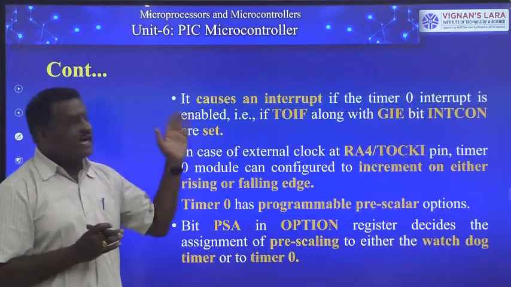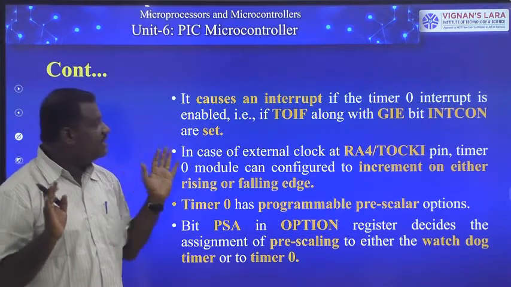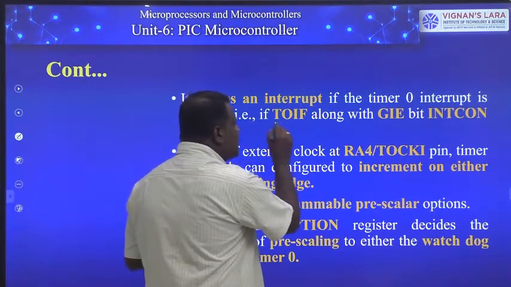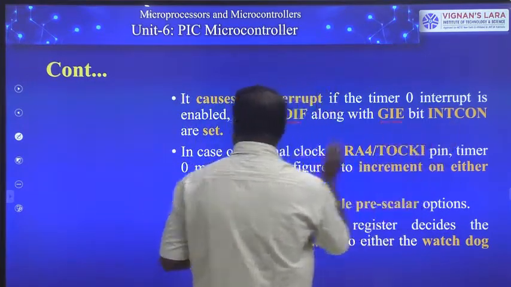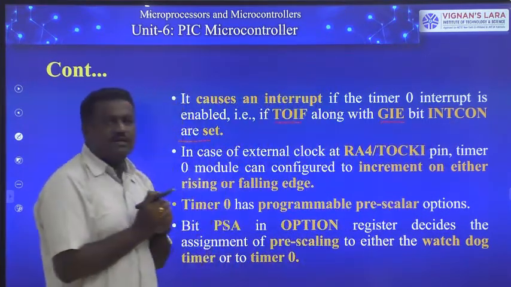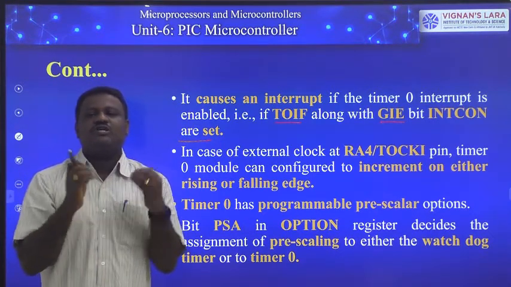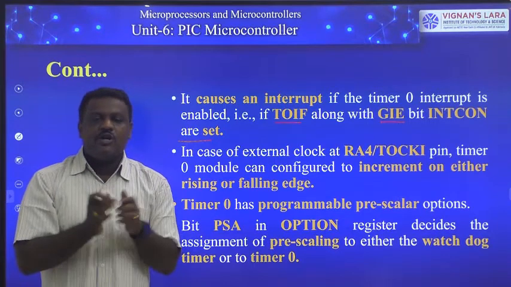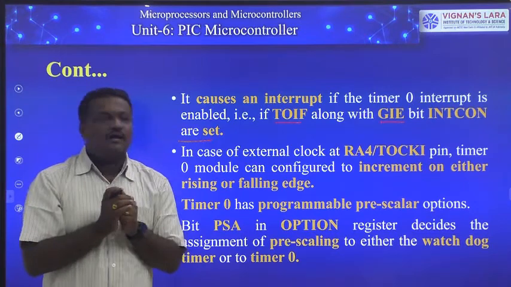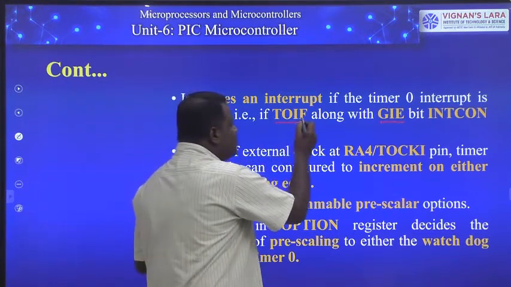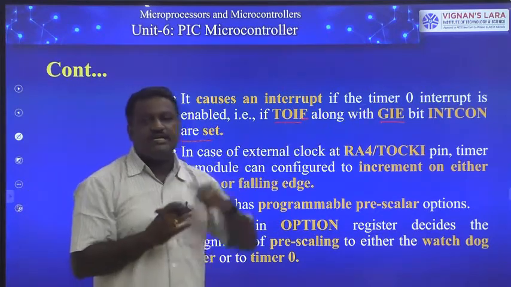Next, it causes an interrupt if the timer 0 interrupt is enabled, that is, if T0IE along with the GIE bit in INTCON are also set. The important thing here is that, in order to process the timer 0 generated interrupt, we have to set the bit T0IE, not T0IF, along with the GIE bit.